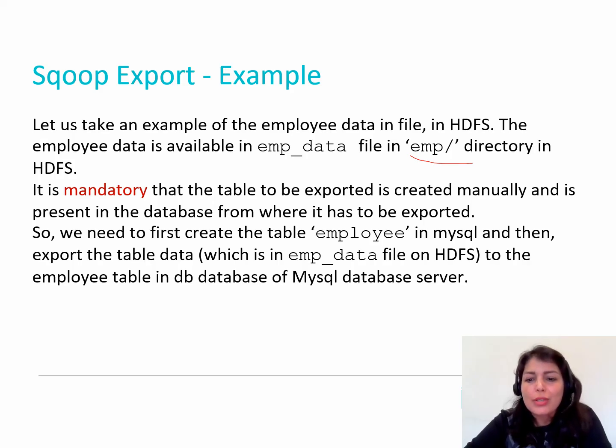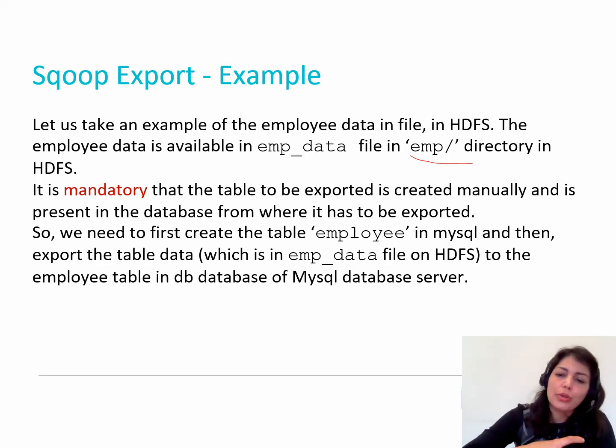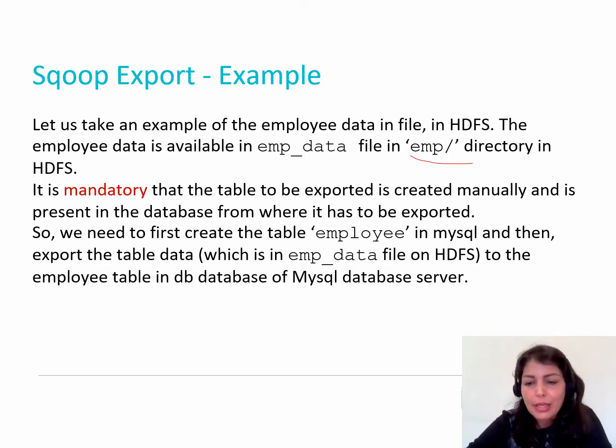So, for example, in our case, we have to go back to our destination database in MySQL and see if we have any table with the name employee, because we want to export data to the employee table. If there is no table available with this name, we have to create it manually.